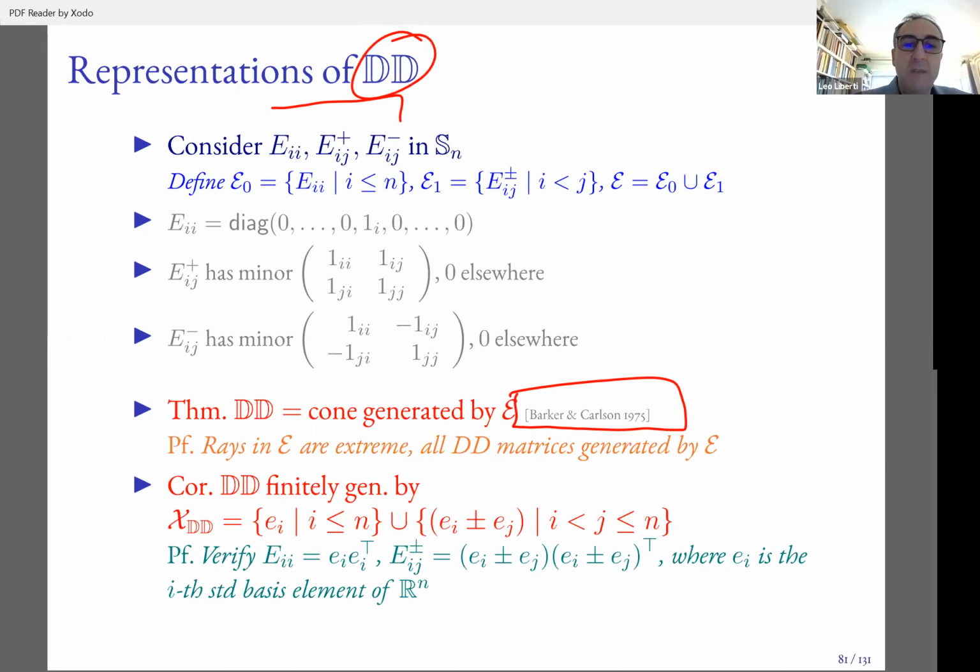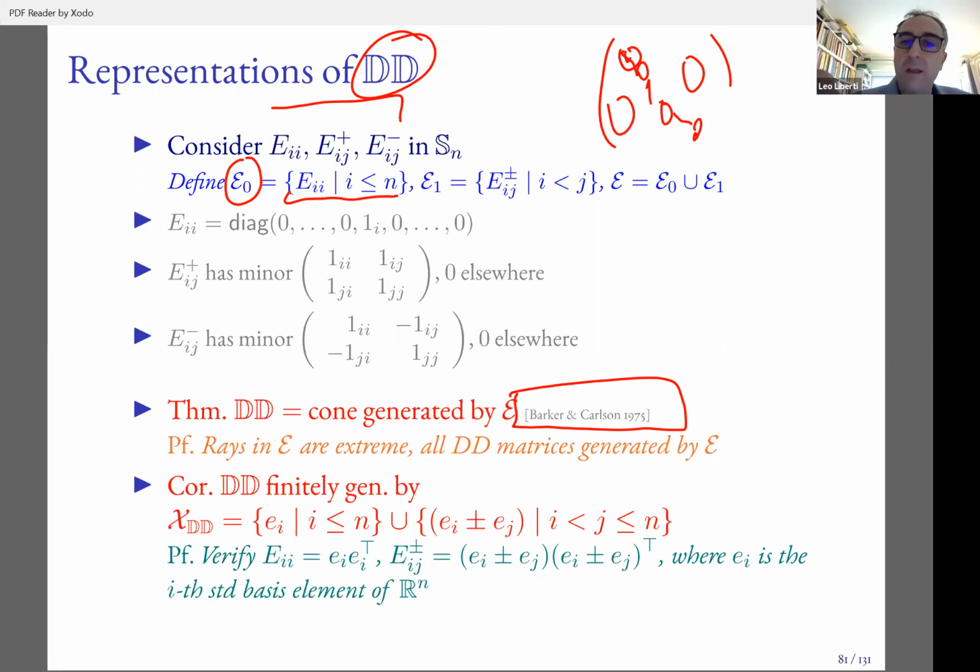So this big calligraphic E_0 would be the set of all of these matrices E_ii, and that's basically the matrix where there is just a 1 on the diagonal, and zeros everywhere else.